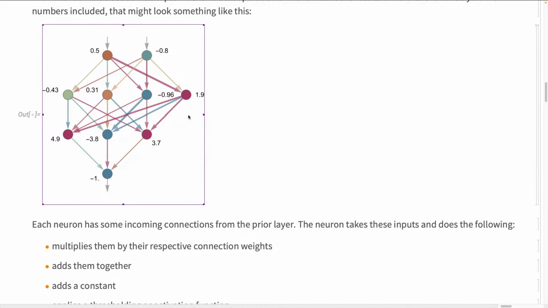So it takes all these inputs, multiplies them by their connection weights, adds them together, and thresholds. You keep doing this until at the end you have a neuron, in this case, an output that's one-dimensional. It's going to be in one of the 3 boxes, 0, +1, or -1. So at the end, you wind up with just one neuron that should have a value of -1, 0, or +1, ideally. That's the idea.